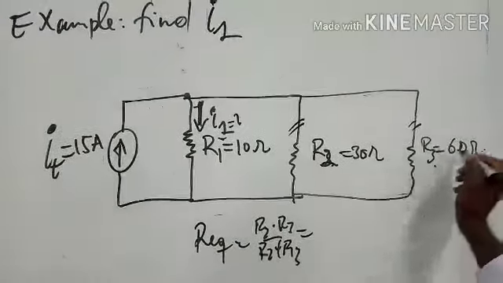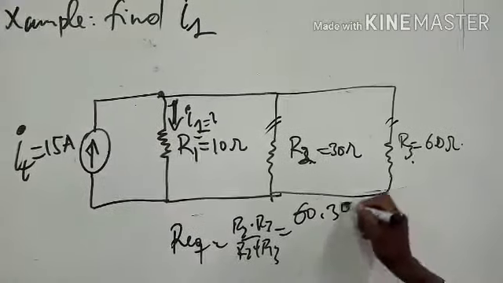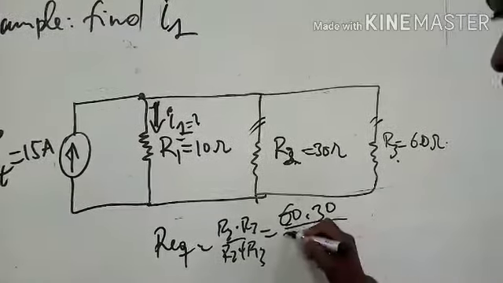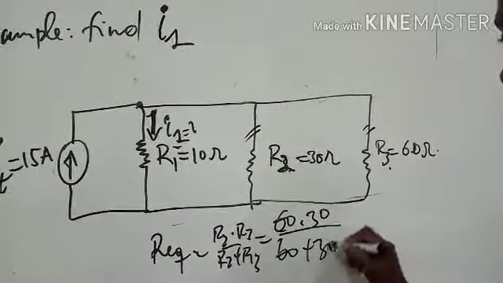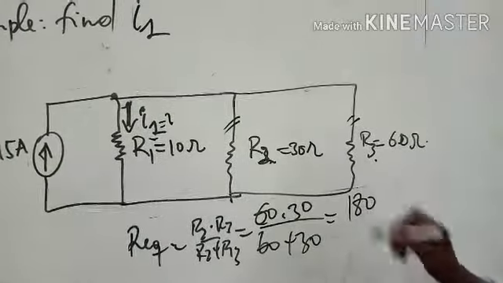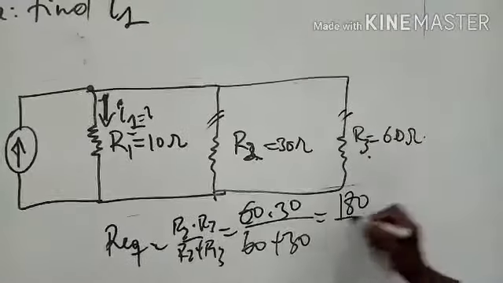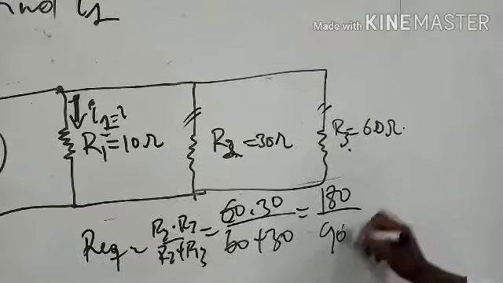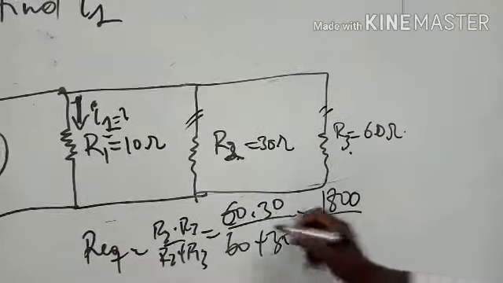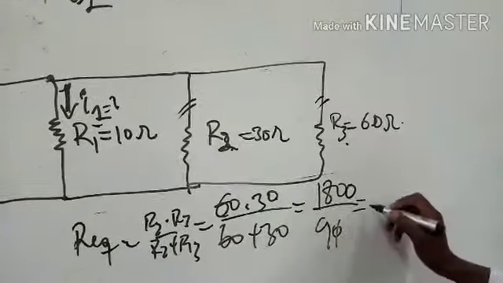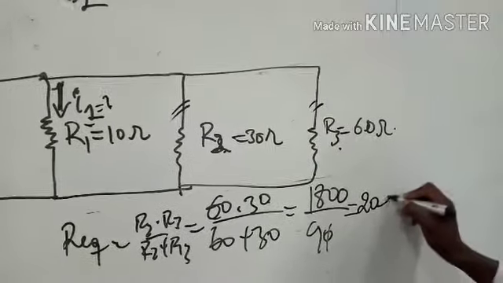Then this is equal to 60 times 30 over 60 plus 30, which is 1800 over 90. That is 20. Then we get 20 ohm.